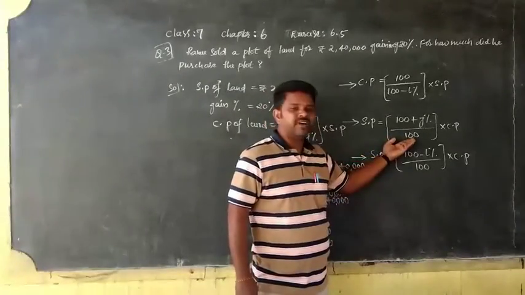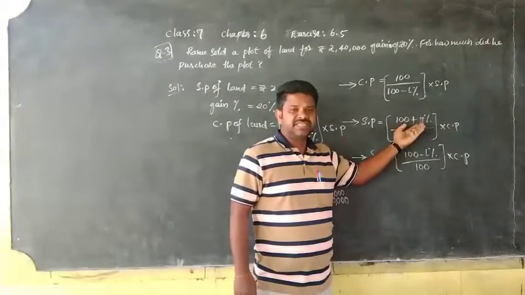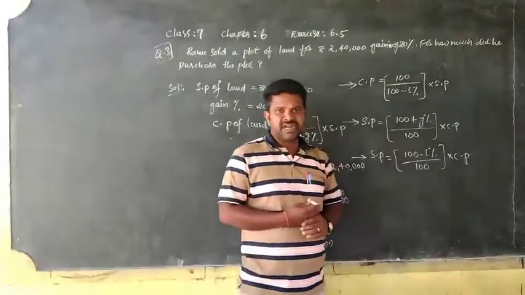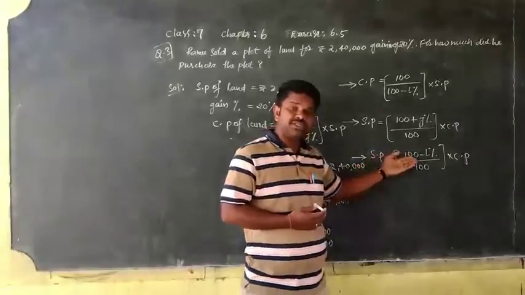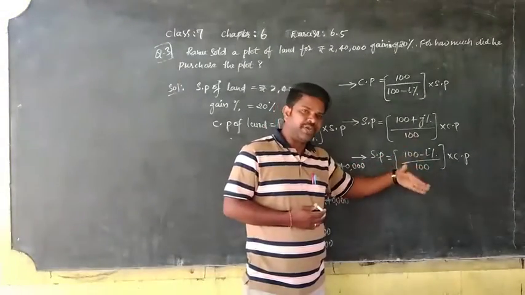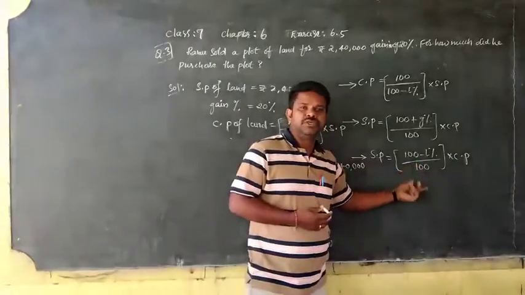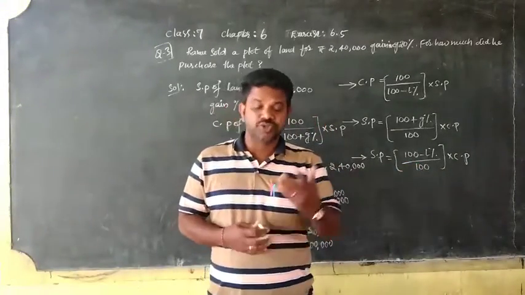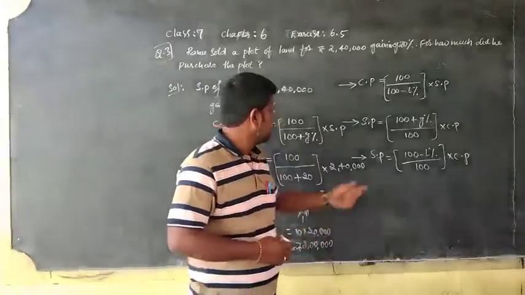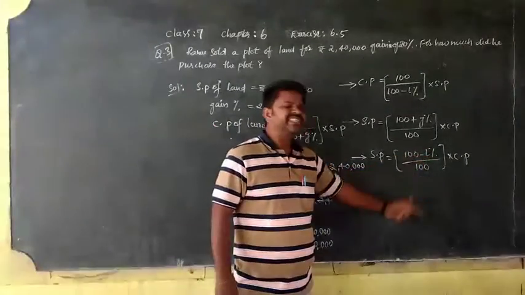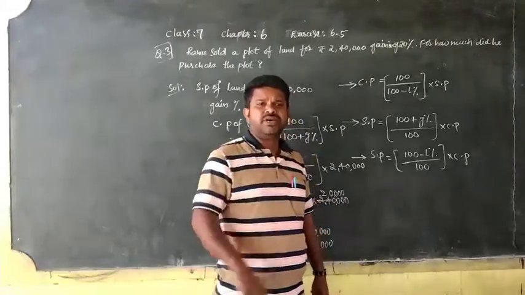We use this formula: 100 plus gain percent by 100 into CP. Right. After that, when CP and the loss percent are given, then we use this formula to find the selling price: 100 minus loss percent by 100 into CP.